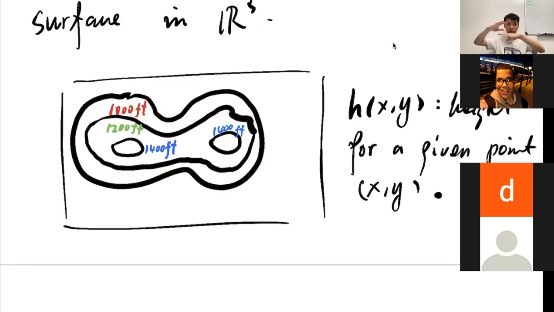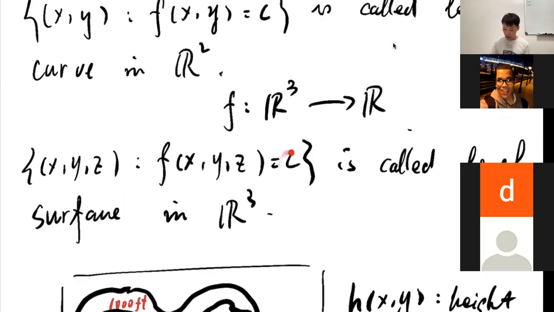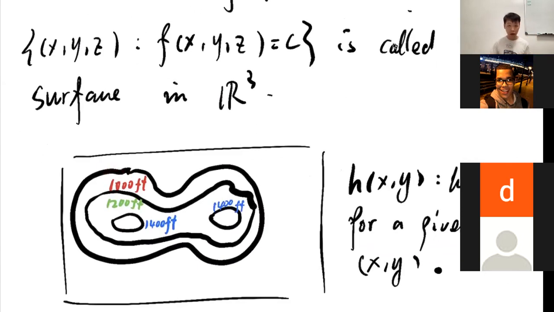Because for level curves, the fixed value c can take any real value. So it could be 1,000, 1,000.1, 1,100, 1,100.333, something like that, so that the level curves fill up here.